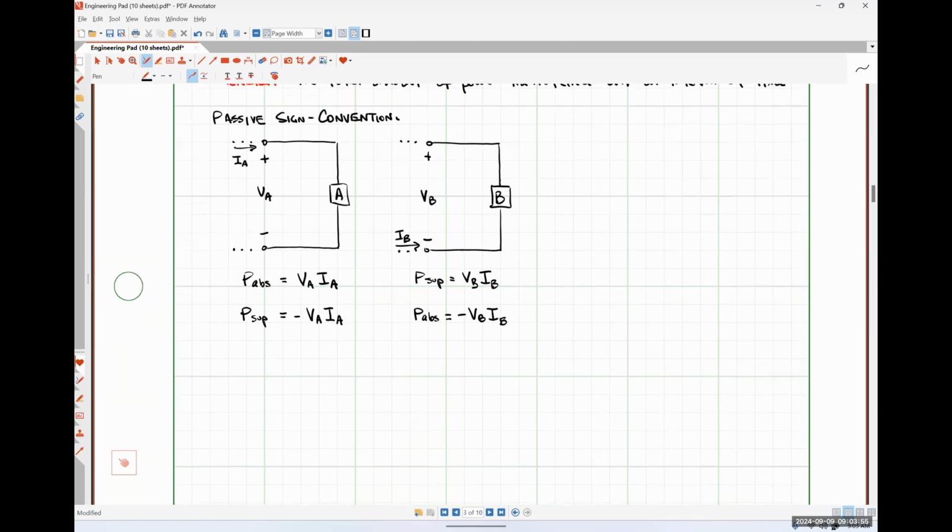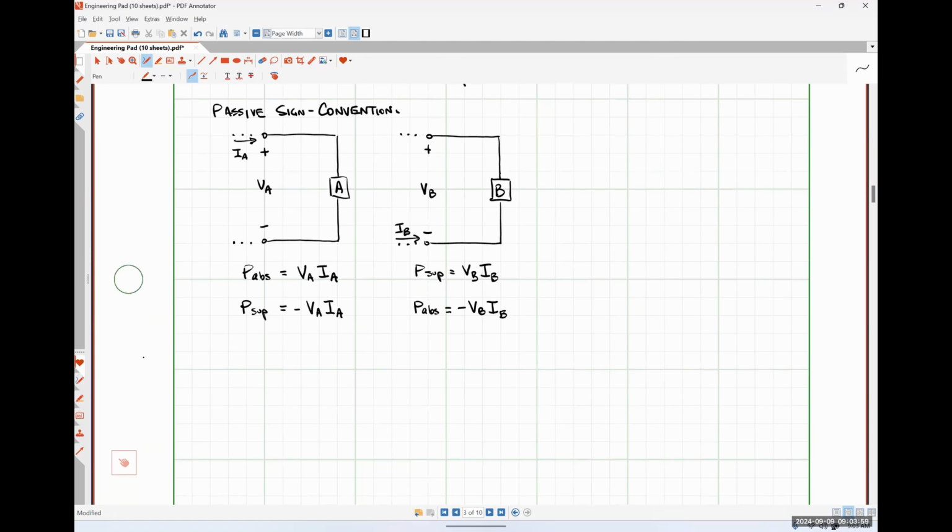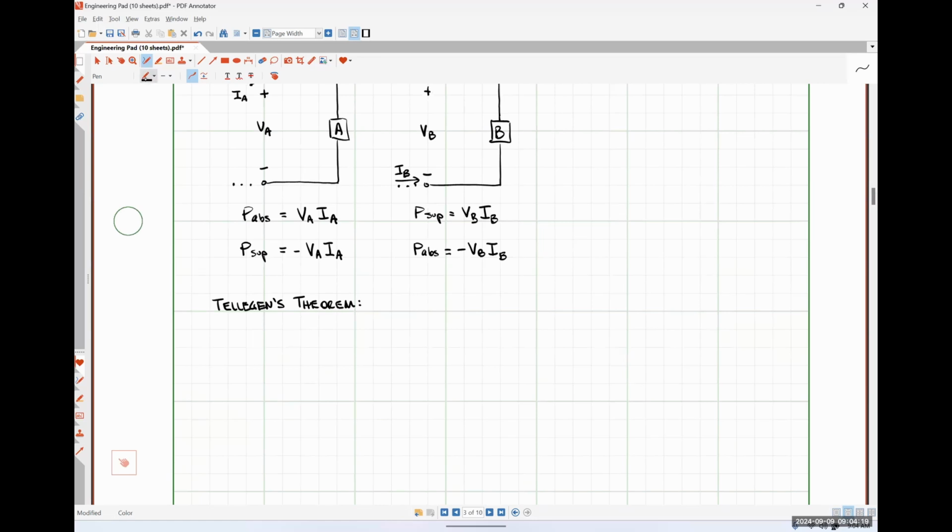All right, the very last thing that I want to talk about is Tellegen's theorem. Tellegen's theorem states that the total amount of absorbed/supplied power in a circuit must sum to 0.